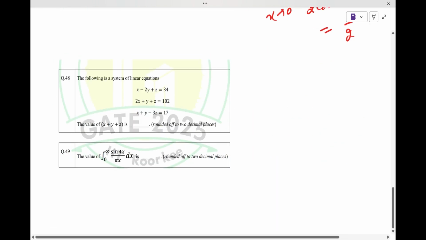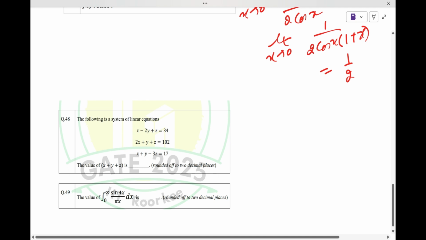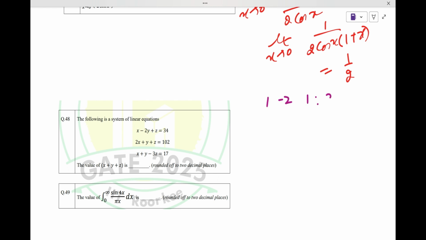So next question. Here we have to solve this system of linear equations and find x plus y plus z. Now what are we going to apply? We are going to apply the rank method, that is the augmented matrix. The augmented matrix is 1 minus 2 1 34, 2 1 1 1 0, 2 1 1 minus 3 17. This one is your augmented matrix. Now apply the operations.